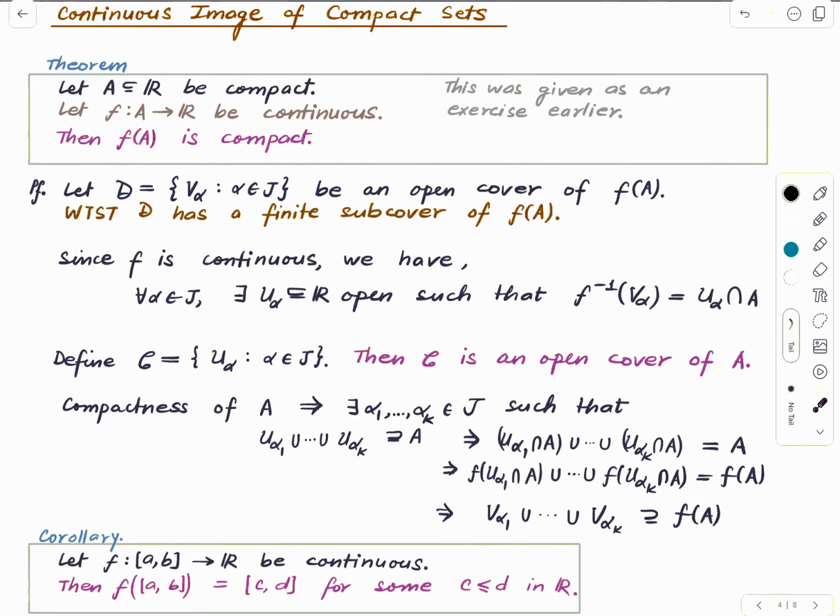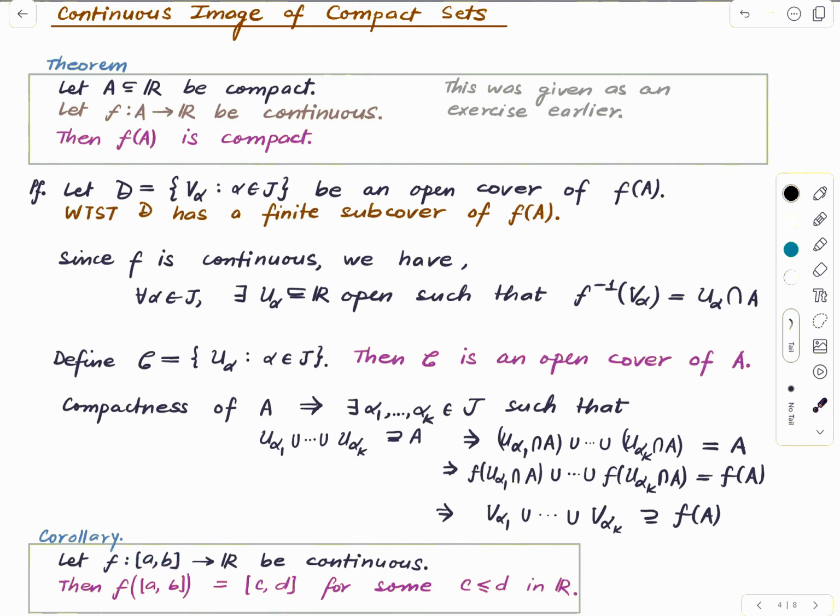Okay, so this was an exercise, but I've done it in full. The important corollary that we need to take away from here is that if we have a continuous function from a compact interval, meaning a closed and bounded interval, then its image is also of the same sort. Why? Because first of all, the image of an interval under a continuous function is necessarily an interval.